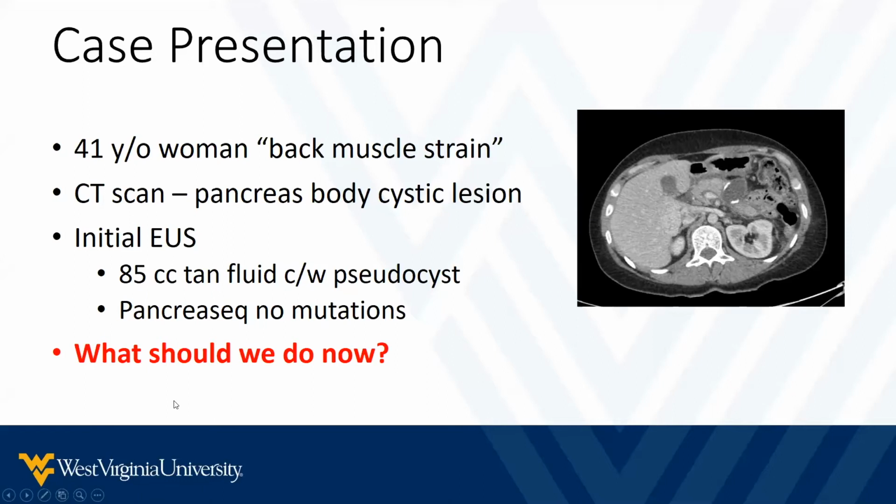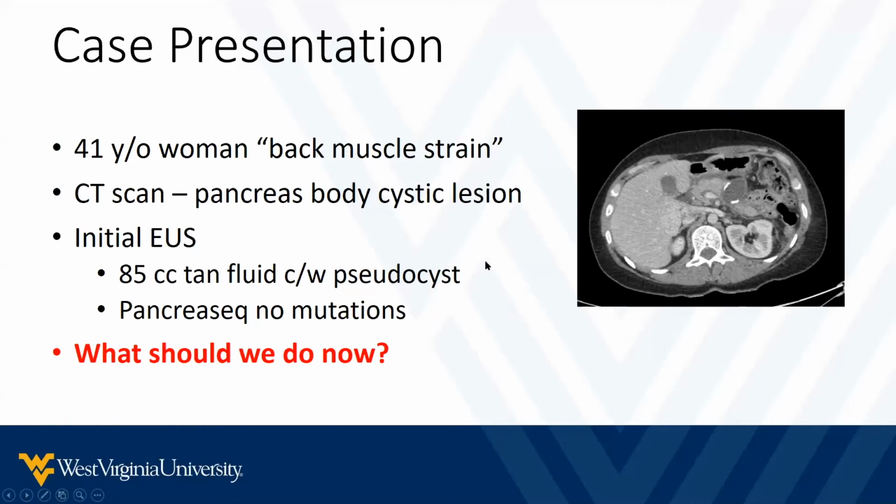This was severe enough that she went to the local emergency department, where CT scan somewhat incidentally found a pancreas body cystic lesion. She did, interestingly, have some fluid and some stranding around the lesion, though otherwise did not have labs consistent with pancreatitis, but with the acute pain and this finding, there was a question of pancreatitis.